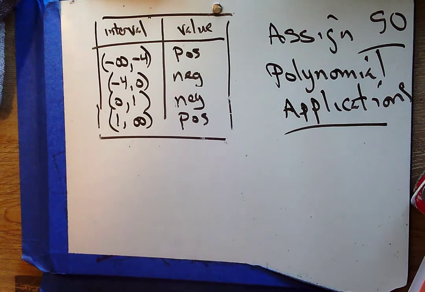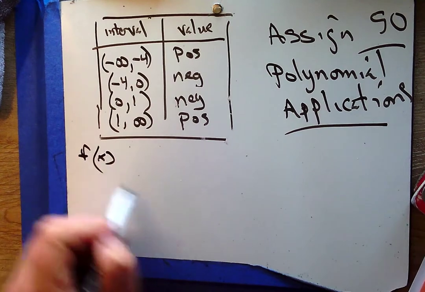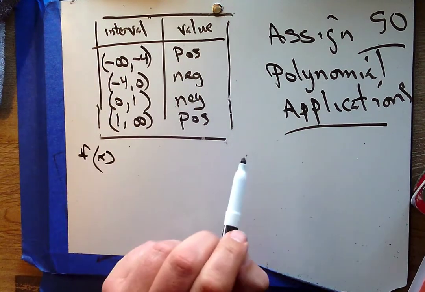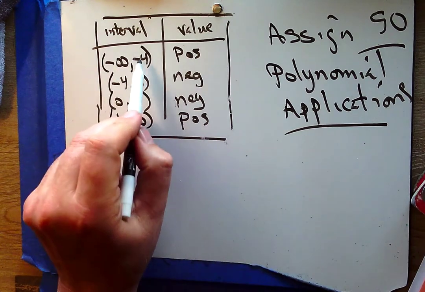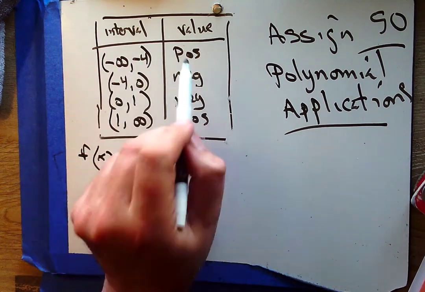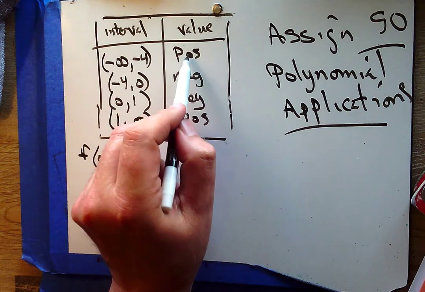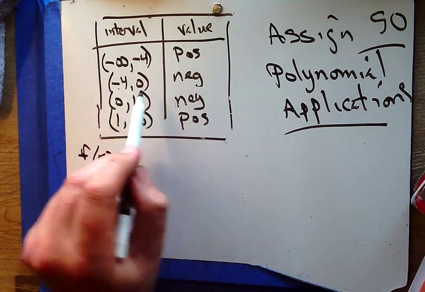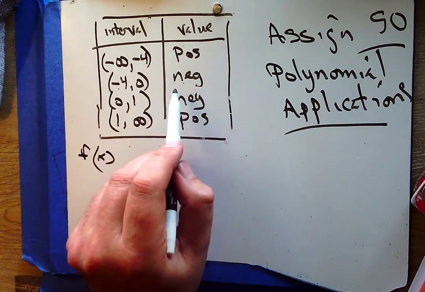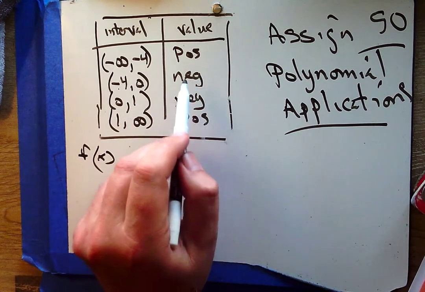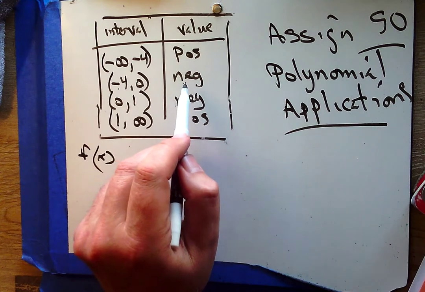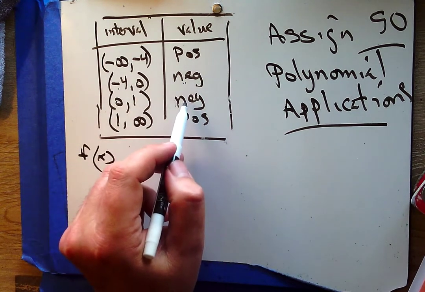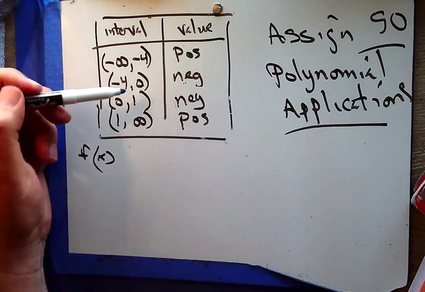So we're told that there exists this function, f of x, and on these intervals, we get function values. From negative infinity to negative 4, this function, f of x, is above the x-axis, has positive y values. But between negative 4 and 0, this function now has negative values, okay? Negative y values. From 0 to 1, they're negative again. Well, isn't that interesting?